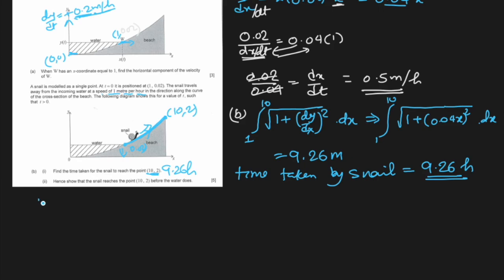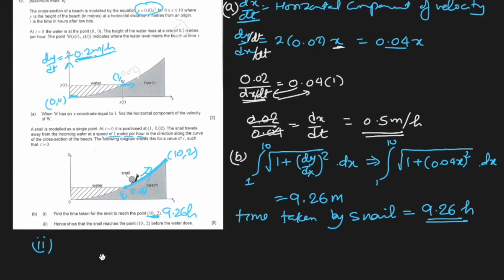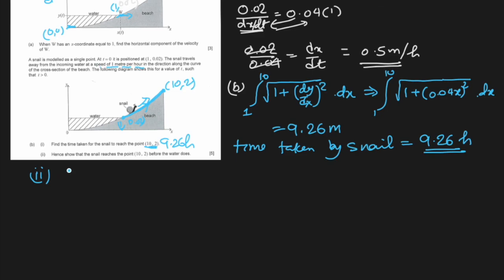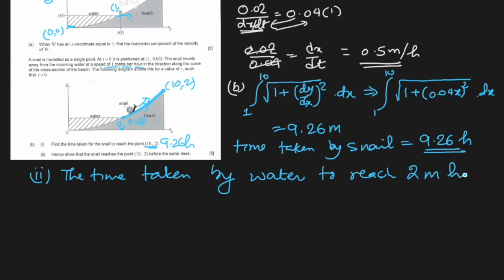And we can find it easily because they already said in the question that it is rising at 0.2 meters per hour. So the time taken by the water to reach 2 meters high.